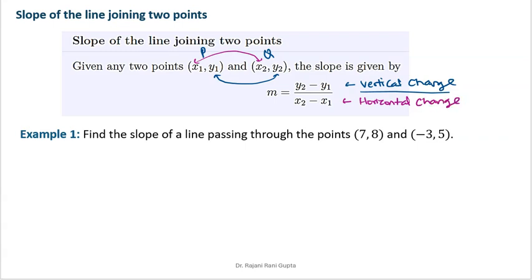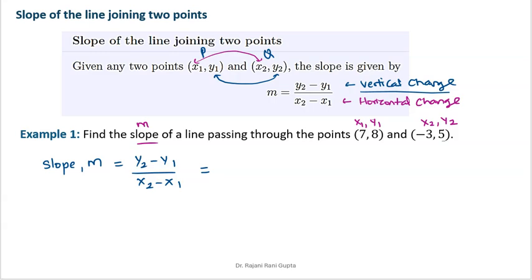So let's see this example. Suppose these are your 2 points and you want to find the slope. Let the slope be denoted by m. Let this be the point x1, y1. This is x2, y2. Then by using the formula for slope, m equals y2 minus y1 over x2 minus x1.